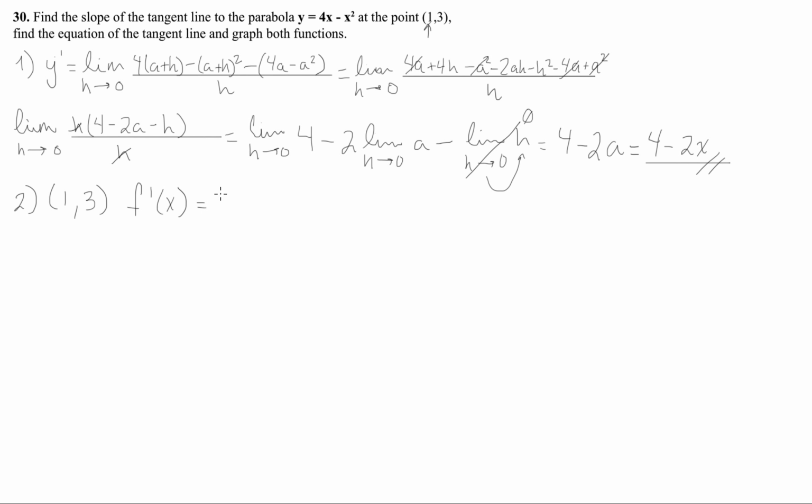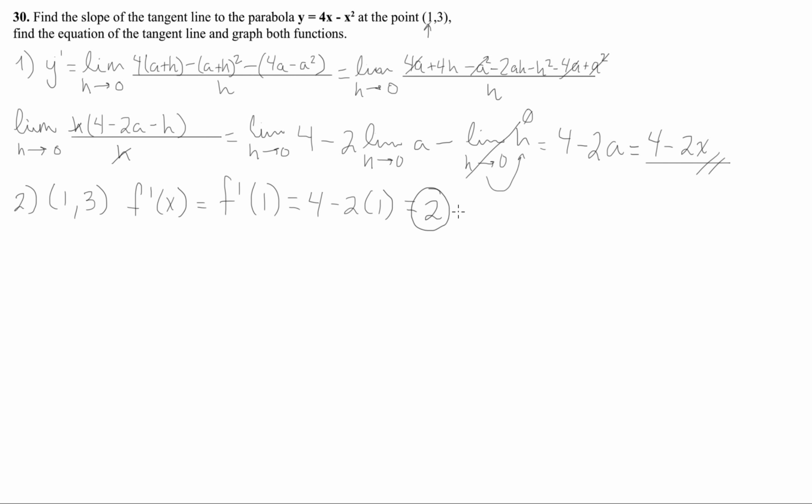Now we're finding f prime of 1. So in the derivative, we're going to plug in this number. Okay? So it will be 4 minus 2 times 1, that is equal to 4 minus 2, which is 2.